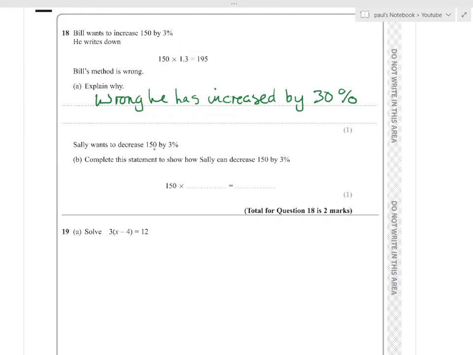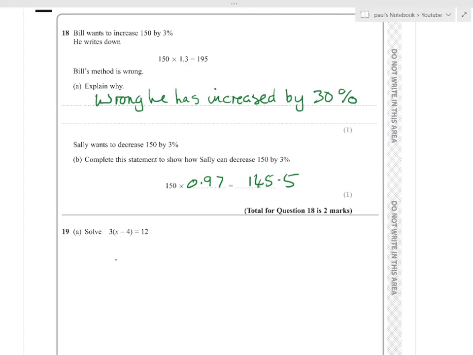Sally wants to decrease by 3%. Complete the statement. So 150 times 0.97. So 150 times 0.97 is 145.5.